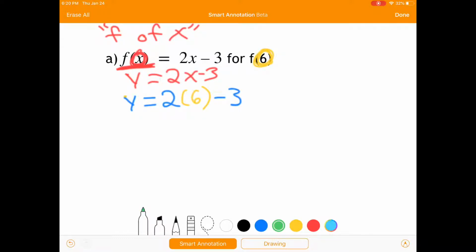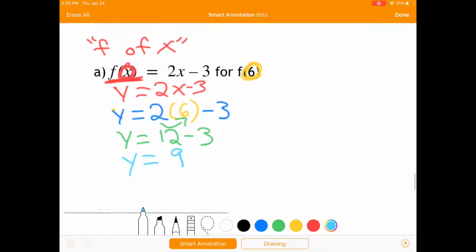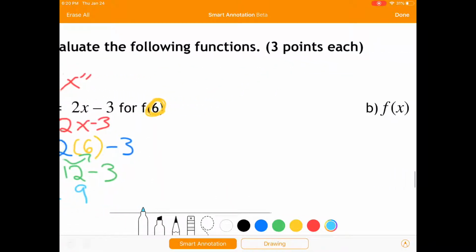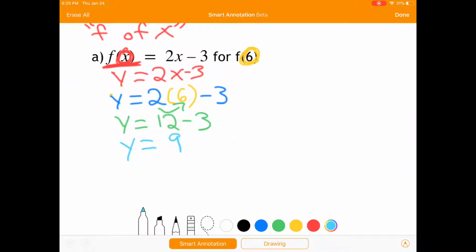Then we've got to distribute the 2 to the 6, so we've got y equals 12 minus 3. Hopefully you know that 12 minus 3 gives you 9. So your y is 9. All we're doing is solving it, so your answer is 9.